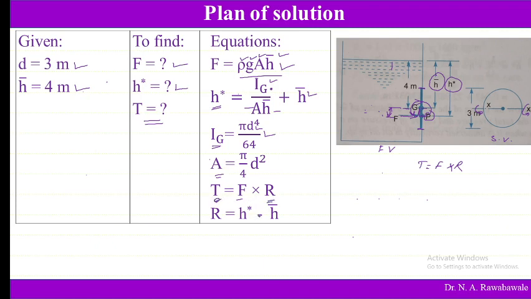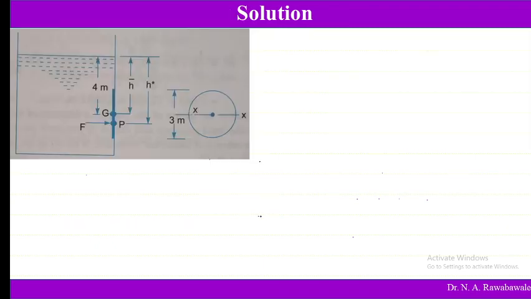Now we will start to simplify this problem. Very first, we can find out the area of the disk. Area of disk is equal to pi by 4 d square.